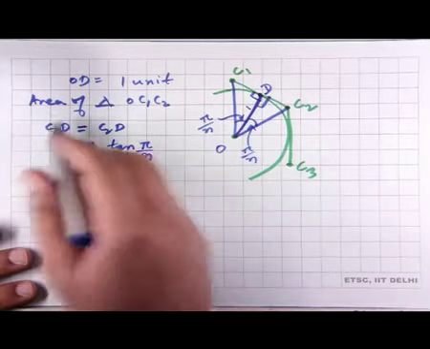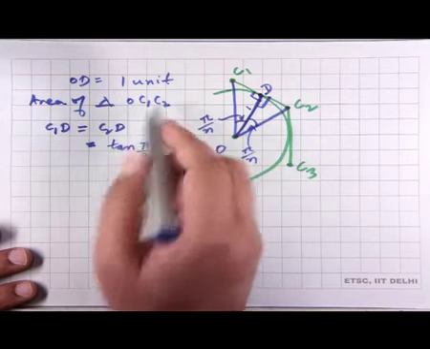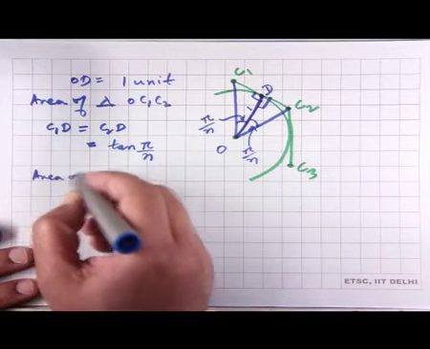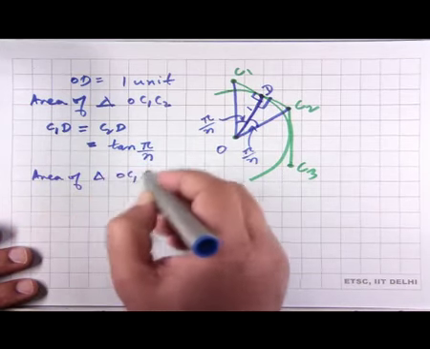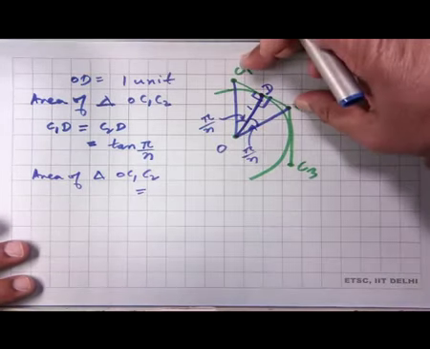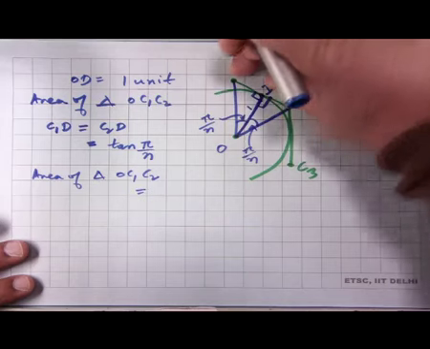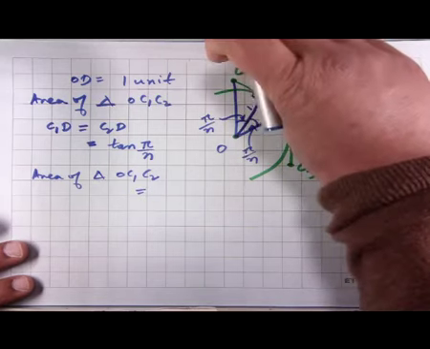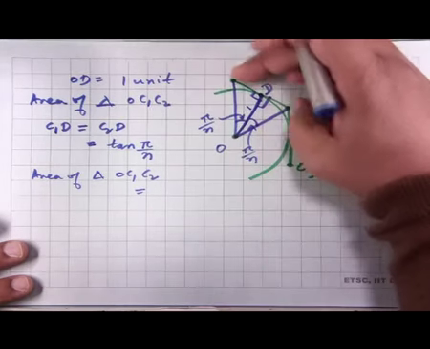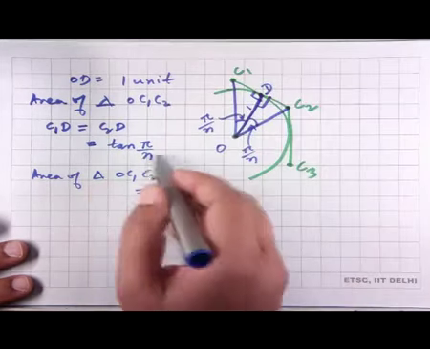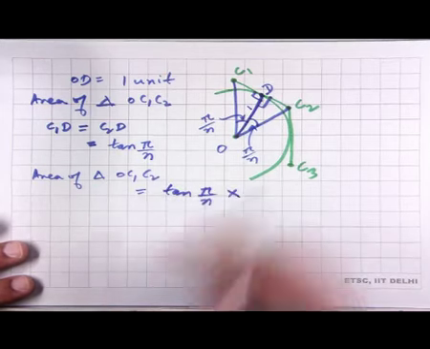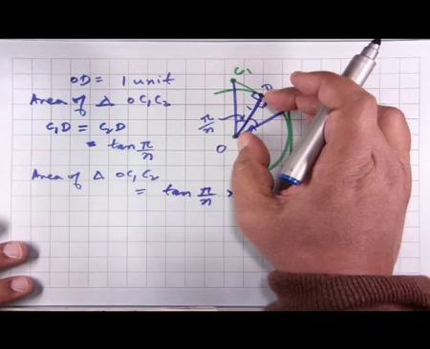And then it is very easy to calculate the area of triangle O C1 C2. So, this area will be equal to half times the base C1 C2, which will be equal to 2 times C1D, because D is the midpoint of C1 C2. So, half times the base is C1D, and C1D is tan pi by n, times the height, and the height is 1 unit.